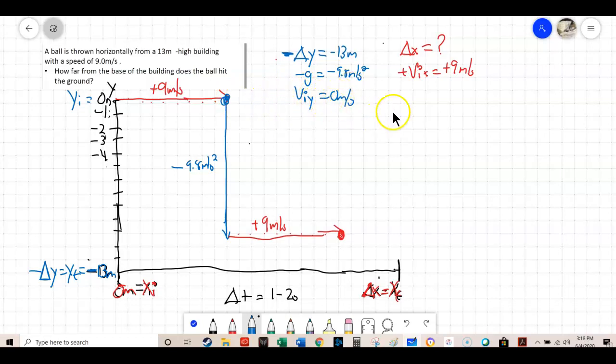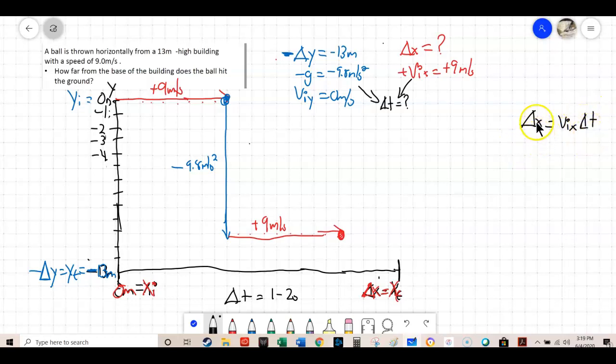Okay? So we don't know what the time of flight is, so we need to find the time of flight. That's going to be important. The reason why I'm saying this is we're trying to find how far it traveled in the x direction.